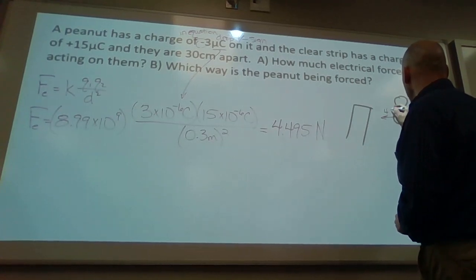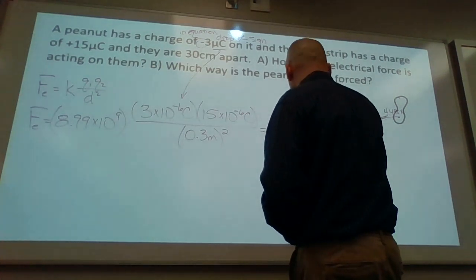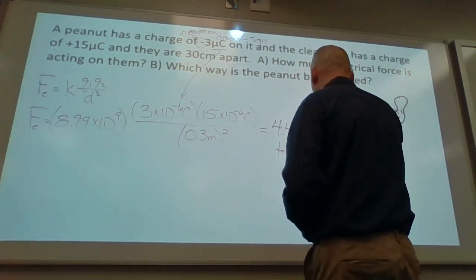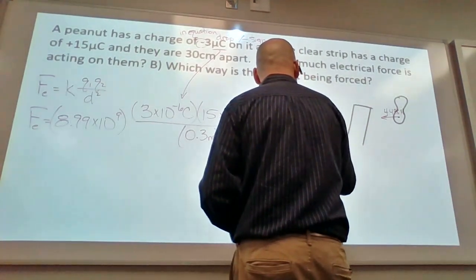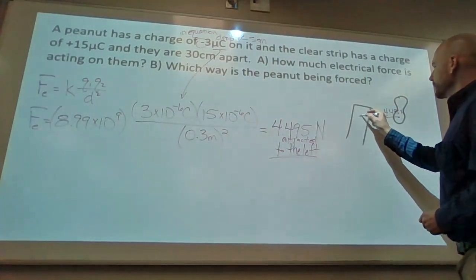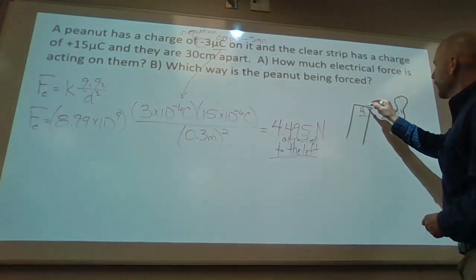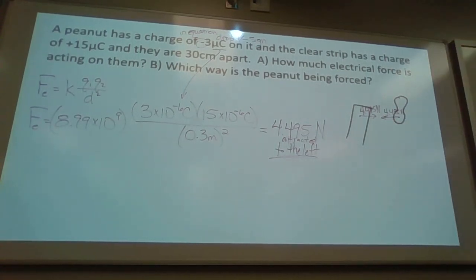Left. So this is 4.495 newtons to the left. You could say attracted to the left, but really the to the left is what I really care about. The strip is being attracted at 4.495 newtons to the right. But all I asked about was the peanut. Good with that?